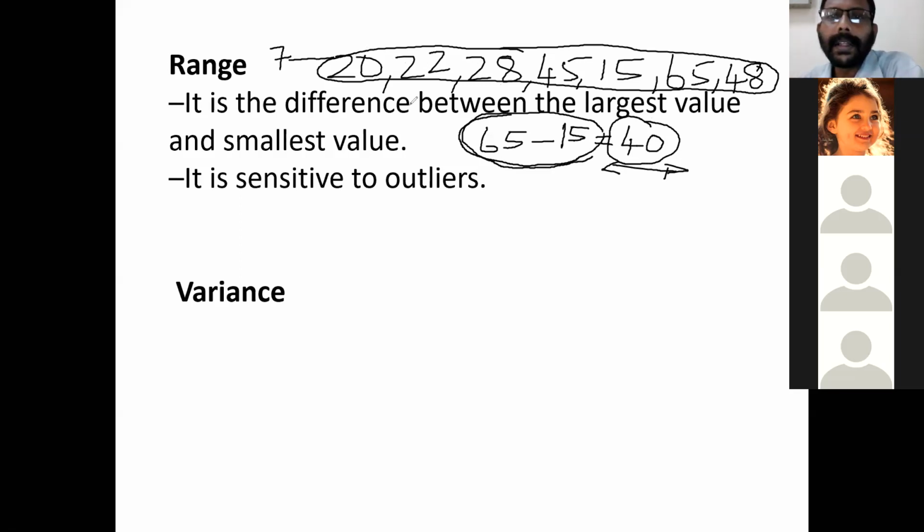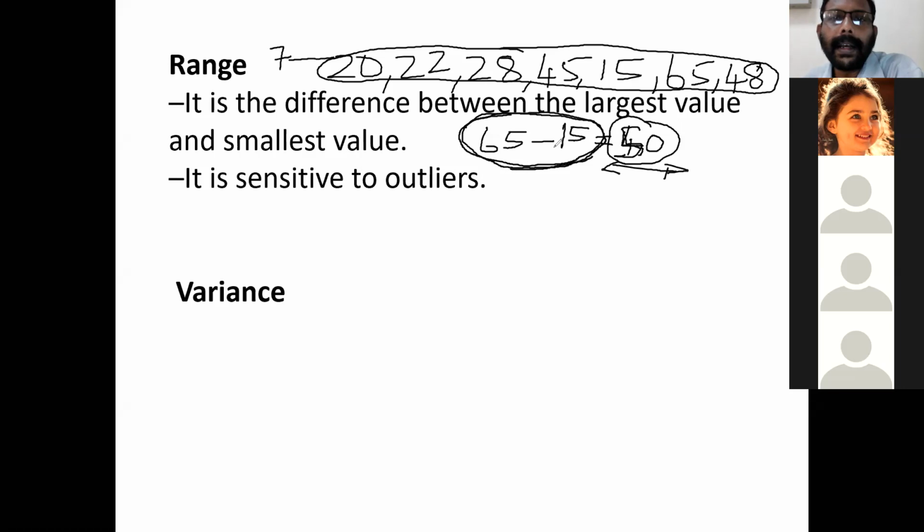Sorry, this is 50, so change it to 50. So this range indicates the difference between the largest, highest or maximum value versus the lowest, smallest or minimum value.